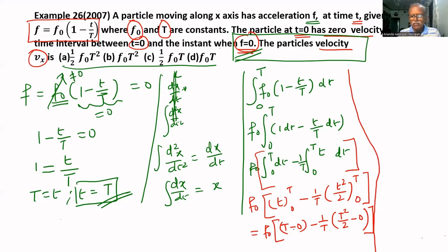Now T minus 0 is T. So f naught times (T − T²/(2T)). T² and T get cancelled, giving T/2. T minus T/2 gives T/2. So f naught T/2. C is the answer.